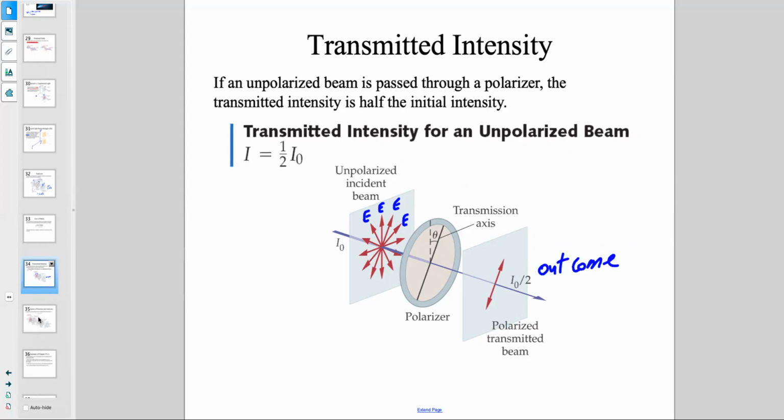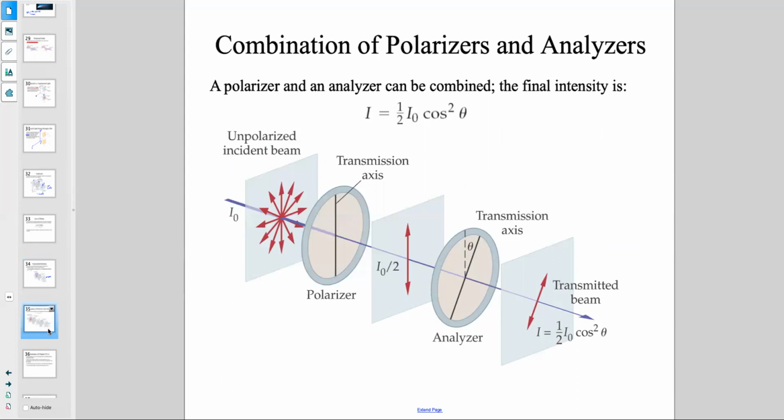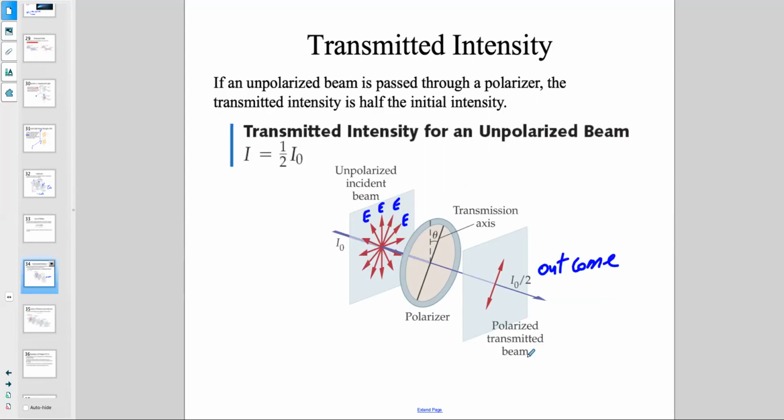Now let's set everything together. So I have an unpolarized incident beam coming to hit my polarizer. What we know is that this polarizer will reduce the intensity to half. This is exactly what we have here.